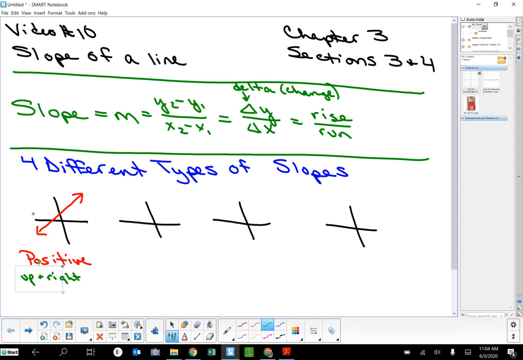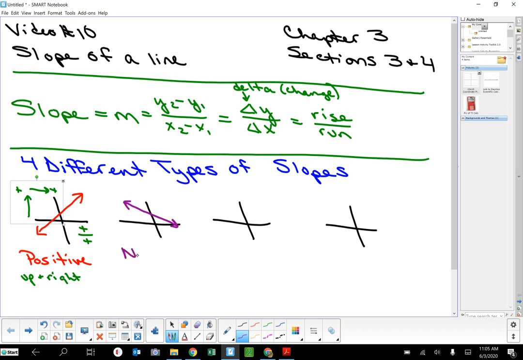And if you think about, if you go up on the y-axis, that's a positive direction. And if you go to the right on the x-axis, that's also a positive direction. So your rise over run is positive over positive, which has to be a positive slope, right? Okay, the next one is going to start at the top and go down and right.